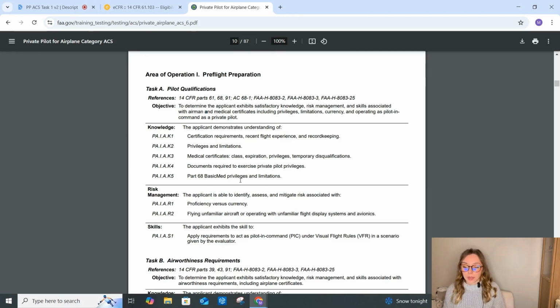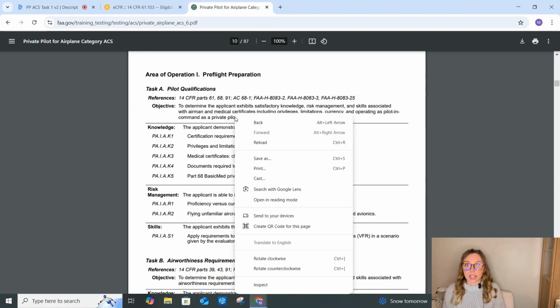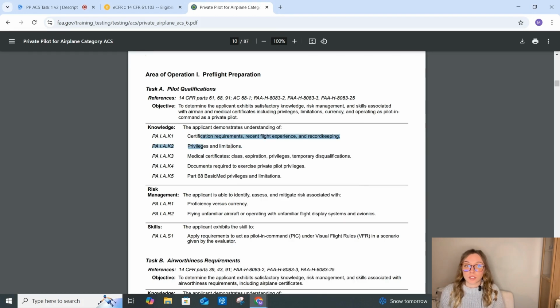If you don't know everything about basic med, but you know this advisory circular 68-1, you can answer those questions that your DPE gives you to the best of your ability. And then if they continue to press you on them, you can say, I don't know, but I know that the details are in Advisory Circular 68-1, and let me open it up and find it for you. So they'll let you do that.